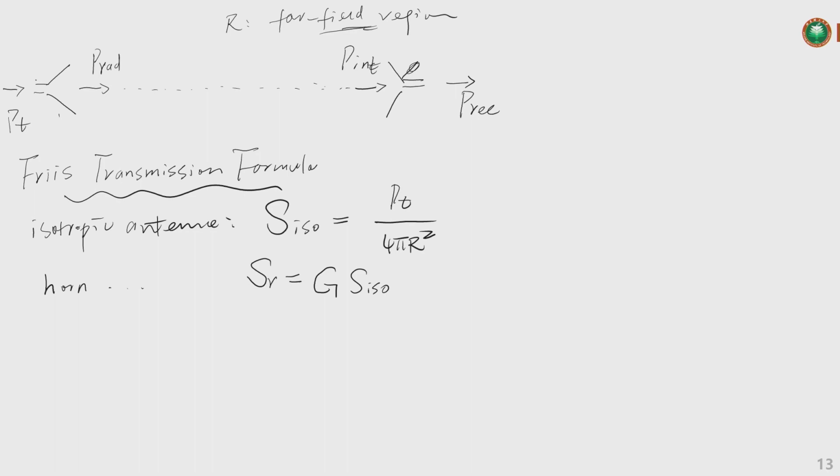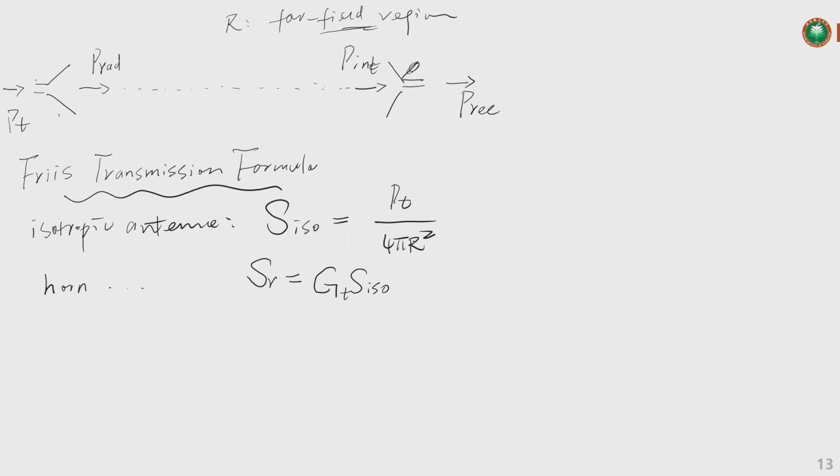So the gain of the transmitter side, because now we just consider the transmitted power, and we do not consider the antenna at the receiver side now.